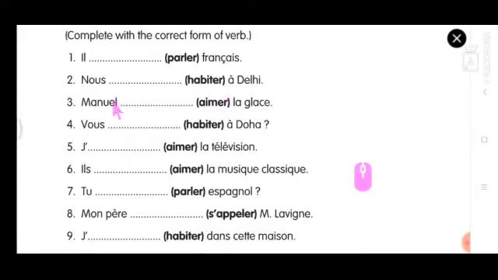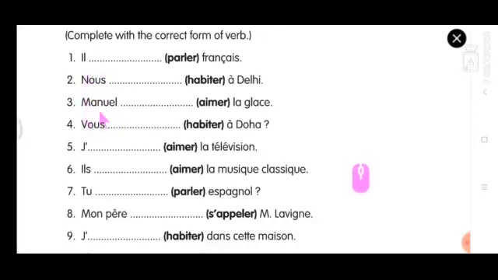Okay, now we will go for the third one. Manuel dash aimer la glace. Manuel comes under a subject. So it is a third person singular. So we have to choose like we choose here. Il. Imagine instead of this Manuel, il is given.